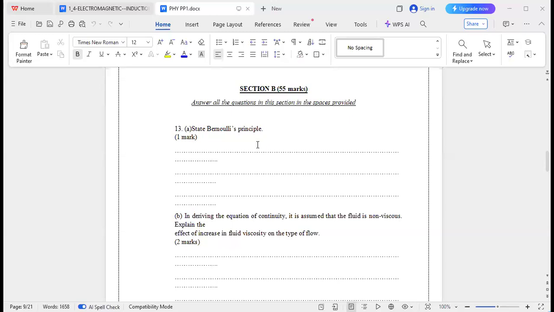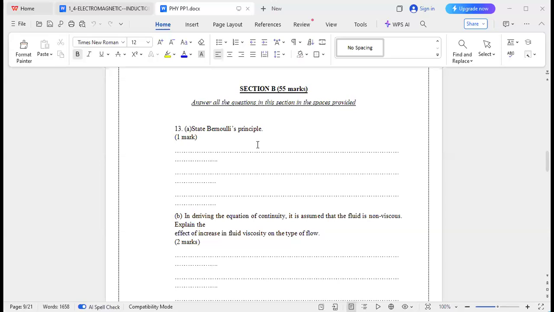Bernoulli's principle states, if the fluid is incompressible, non-viscous, and its flow is streamlined, an increase in velocity leads to a corresponding decrease in pressure.